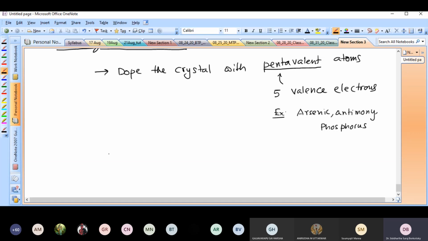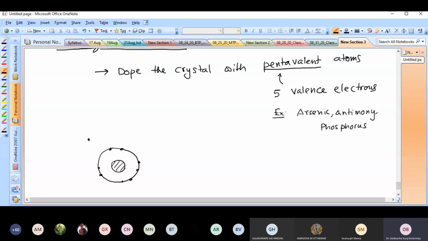Suppose you take a pentavalent atom. This is the core of a pentavalent atom, and 4 of its electrons will be shared, and then there will be 1 free electron.